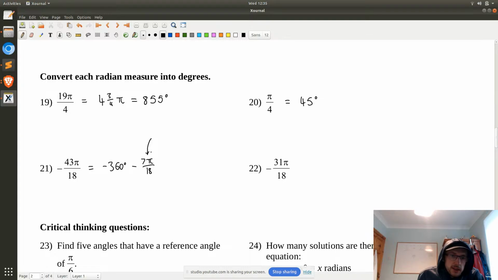We'll recognize that 1 pi is 180 degrees, and we're dividing it by 18, so it would correspond to 10 degrees, so that would be 70 degrees, I believe. So negative 430 degrees.